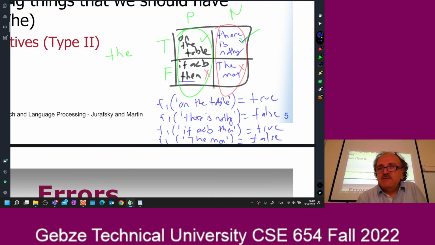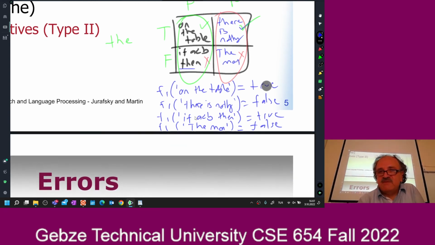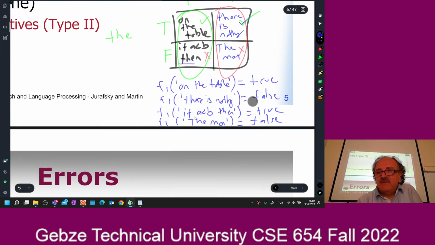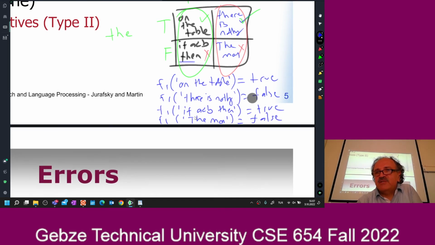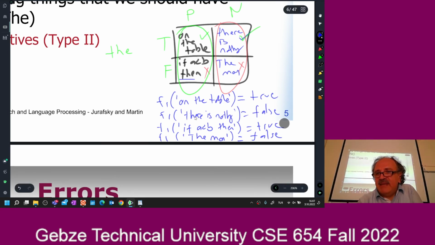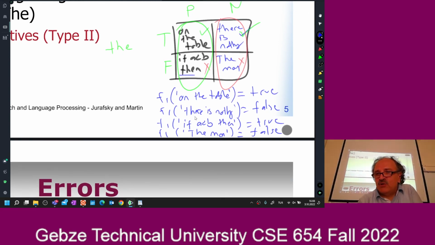So this one is a true positive, whatever this function f1 is. I don't know what it is. And this one, there is nothing false, and this is a true negative. This one, if a less than b, is a false positive, and the man returns false, and this is a false negative.